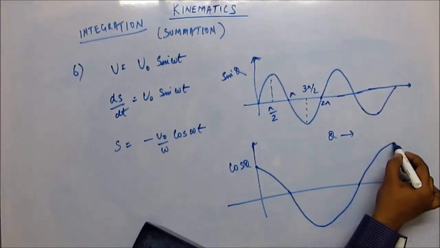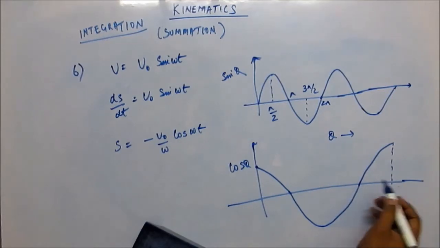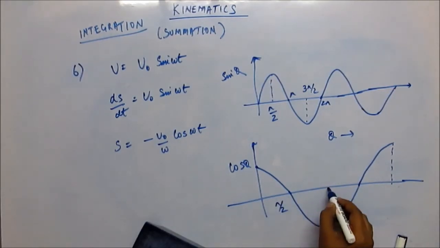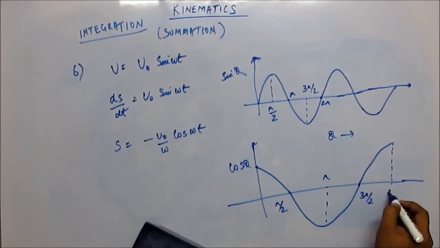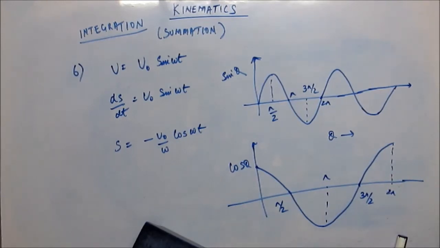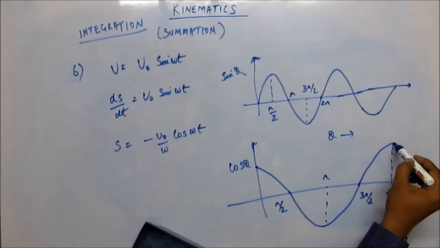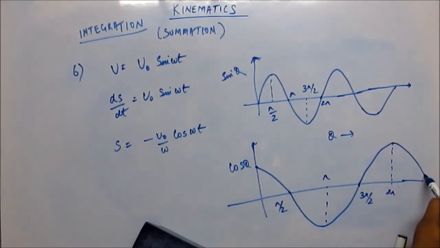And at 2 pi, which is 360 degree, it becomes 1 again. So this is pi by 2, pi, 3 pi by 2, and 2 pi. And this same cycle continues again and again. This same curve is repeated from here. So again it will start from 1 to 0 and then minus 1 and then so on.